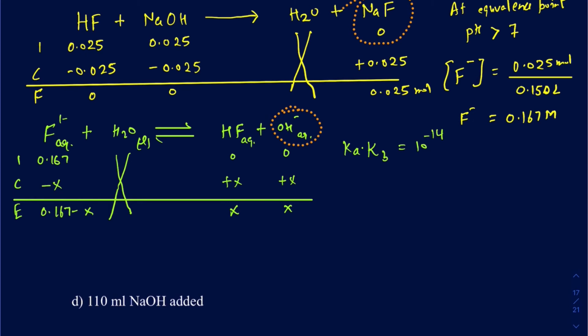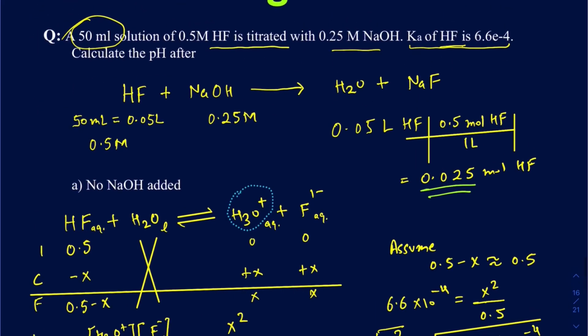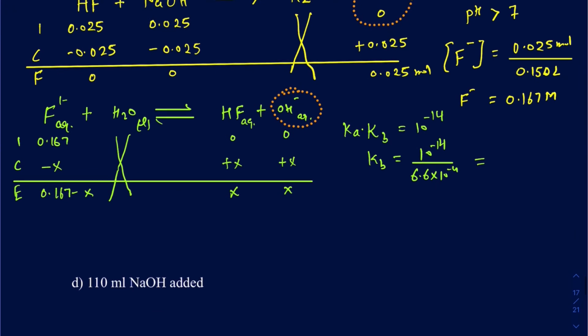I already know the Ka, so I can go ahead and calculate the Kb by doing 10 to the minus 14 divided by the Ka, which was 6.6 times 10 to the minus 4. I'll just double check that back here. Yeah, 6.6 times 10 to the minus 4. And let's see what that comes out to be now. All right, after doing this math, I'm getting 1.52 times 10 to the minus 11.